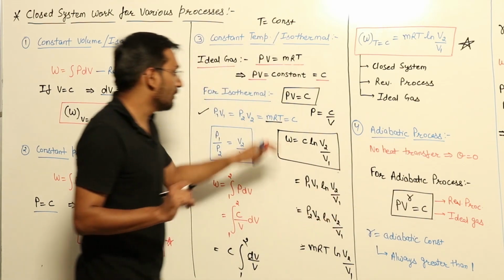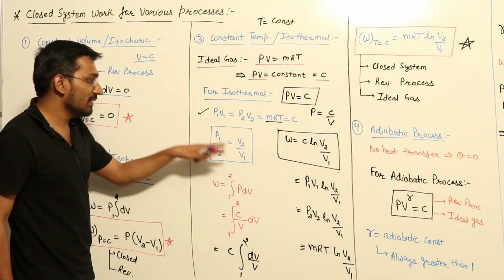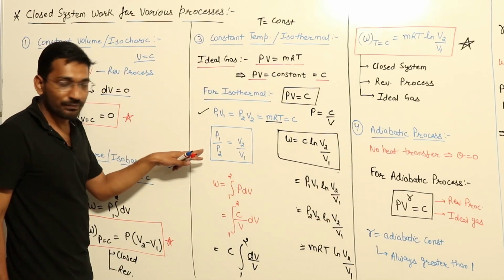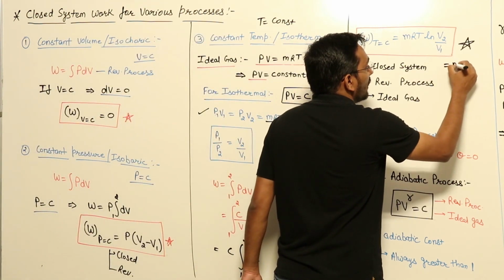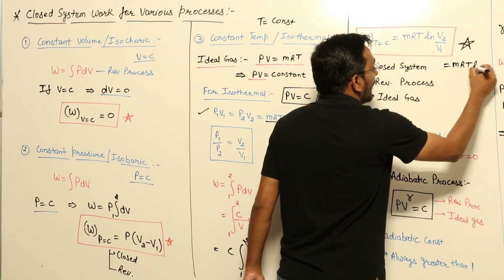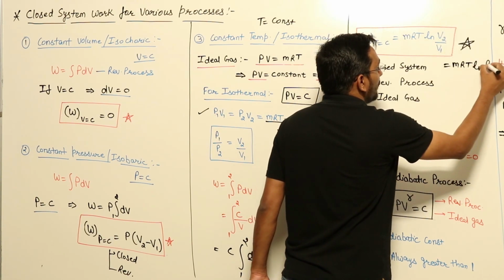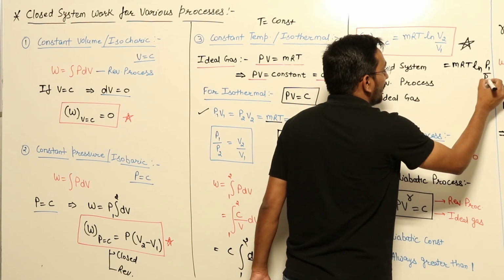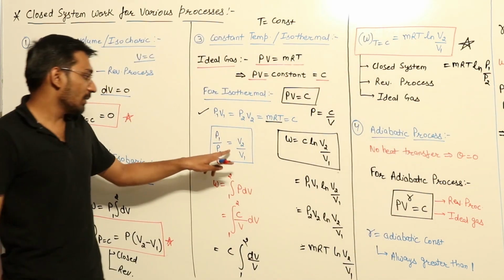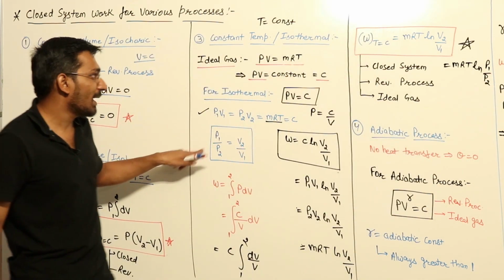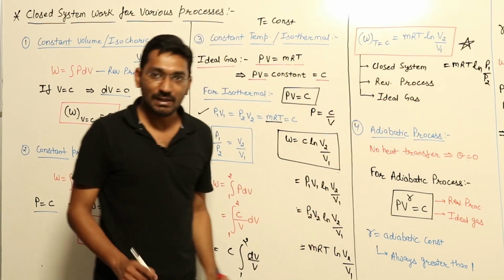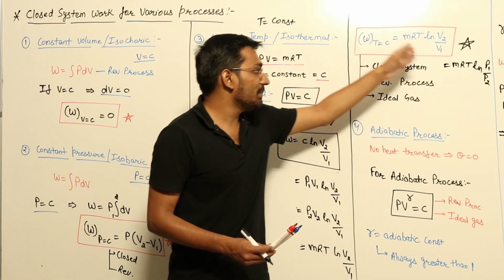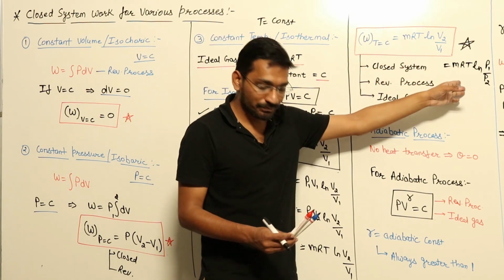Or from here, V2 by V1 will be equal to P1 by P2, right? So I can substitute: this will be equal to MRT ln P1 by P2, in place of V2 by V1. So this is the constant temperature work done in a closed system.